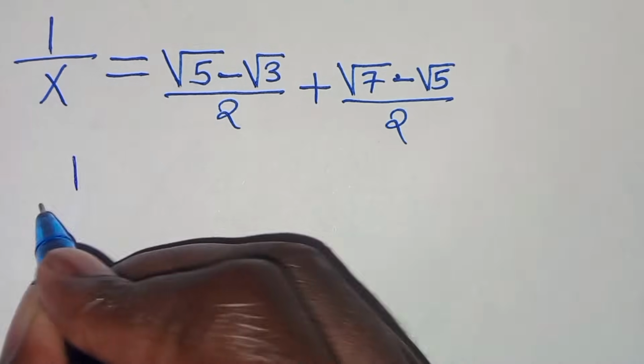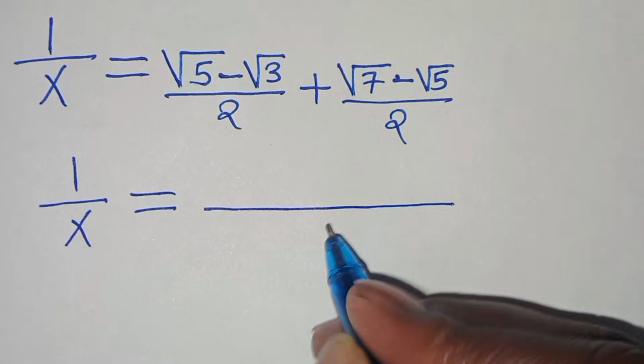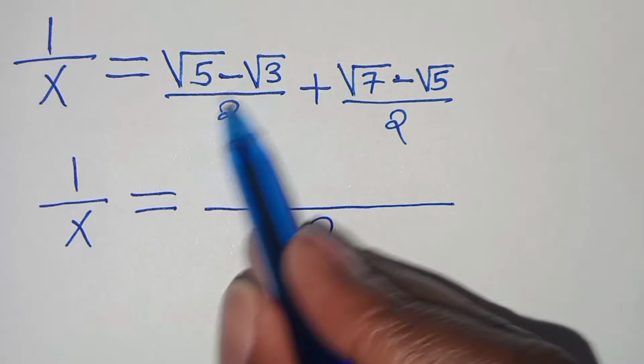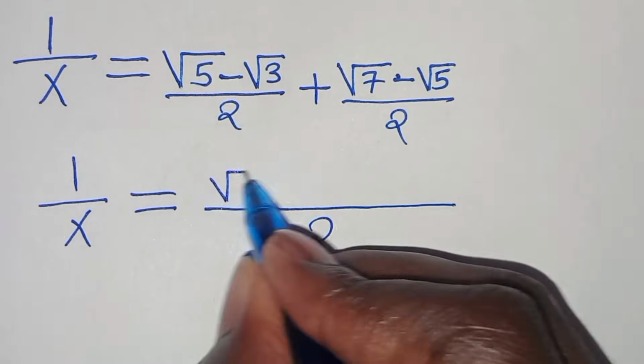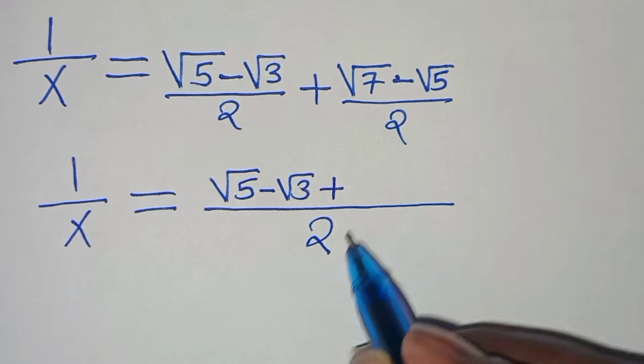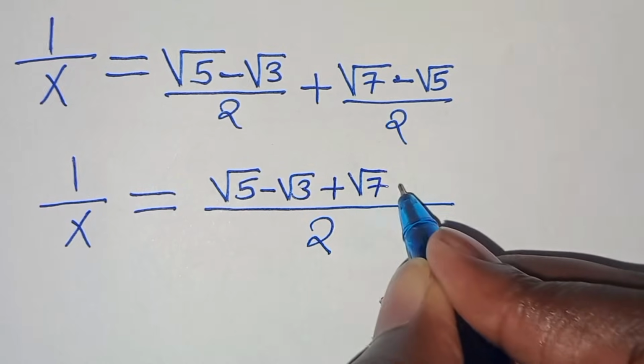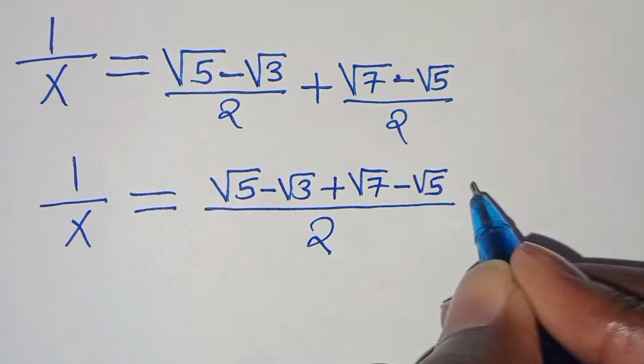Now we have 1 over x, this is equal to, the LCM here is equal to 2. So 2 divided by 2, this is 1 times square root of 5 minus square root of 3, then plus 2 divided by 2, this is 1 times square root of 7 subtract square root of 5.